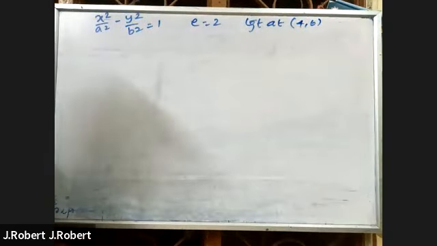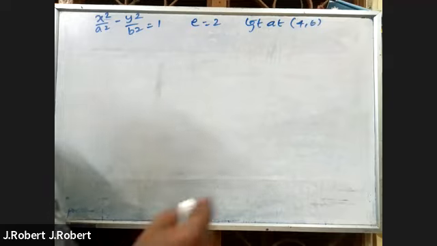Now listen carefully. Only e is given, the value of e is 2. And one more thing: the tangent passes through the hyperbola.